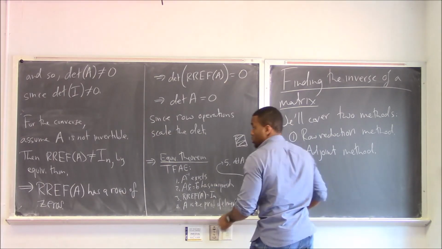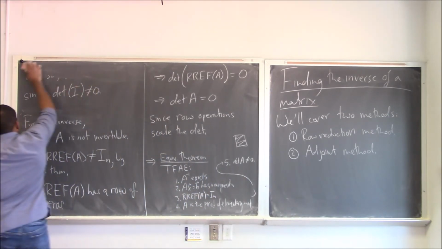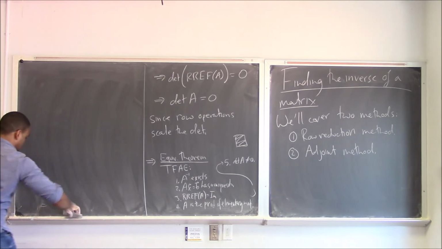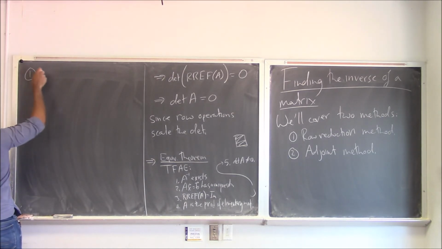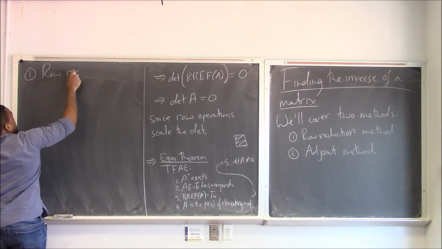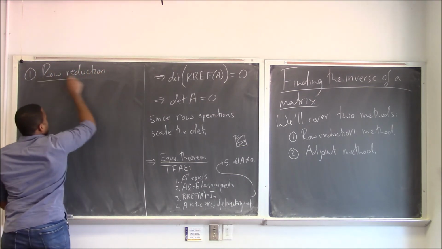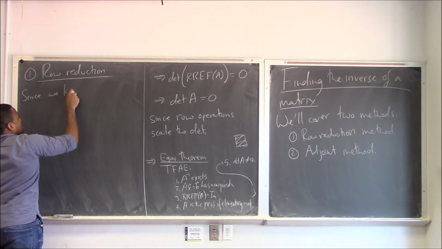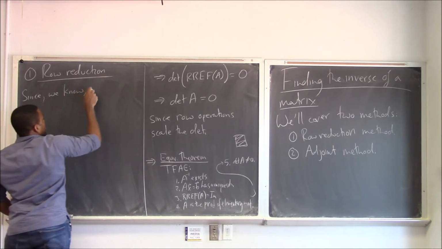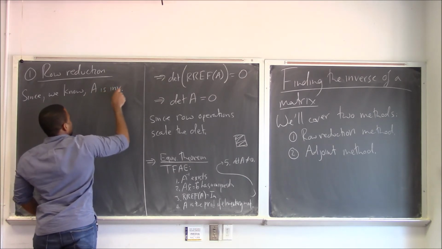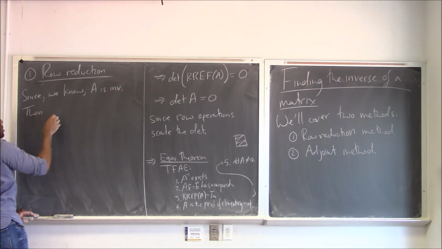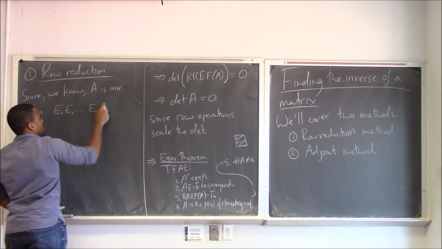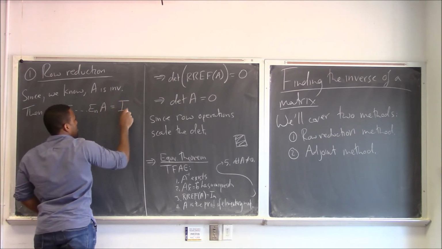This one, though, falls right into our lap by the equivalence theorem. Method 1, row reduction. Since we know if A is invertible, then if I take E1, E2, up to En, multiply by A, I will ultimately get the identity matrix.